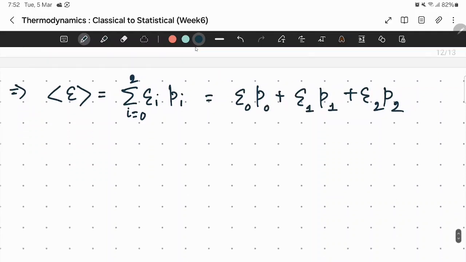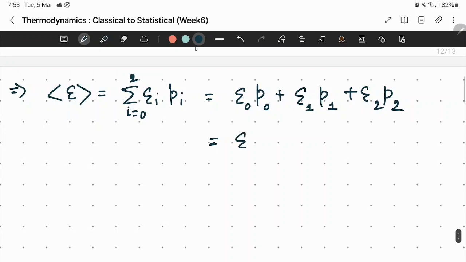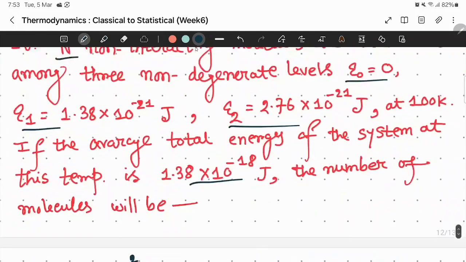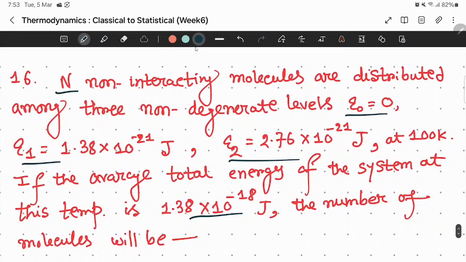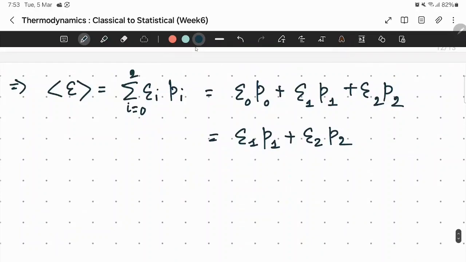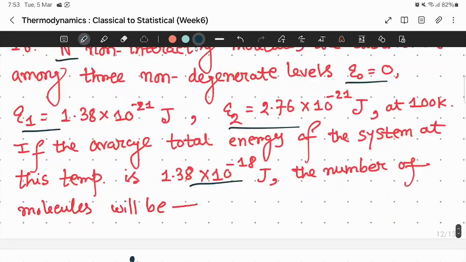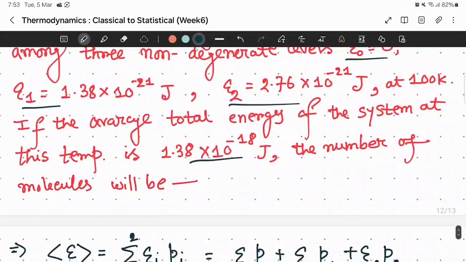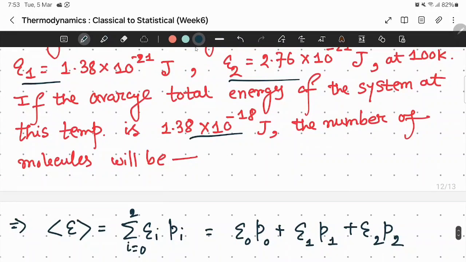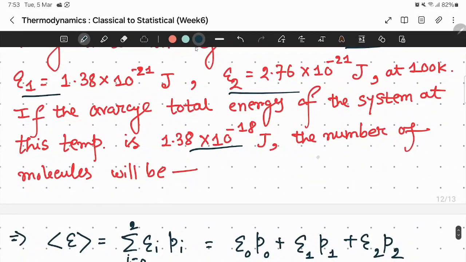This is 0, so it is just epsilon 1 p1 plus epsilon 2 p2. If you fix epsilon 1 as epsilon, then epsilon 2 is 2 epsilon.